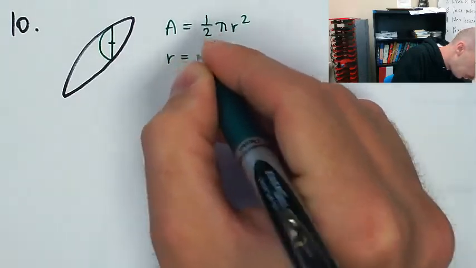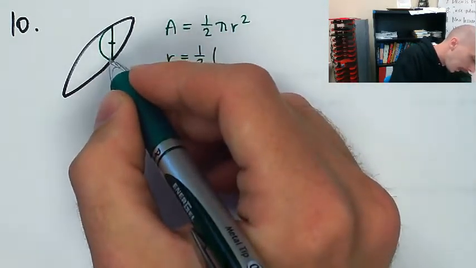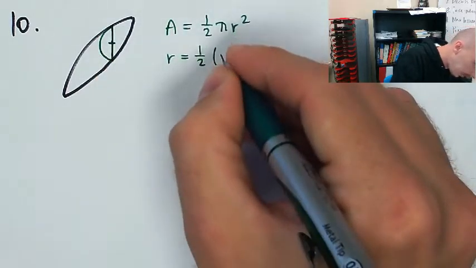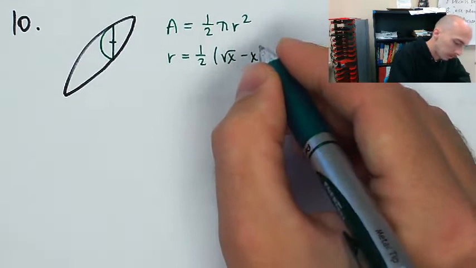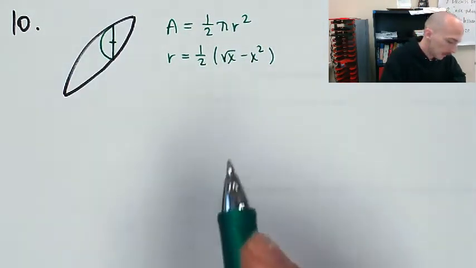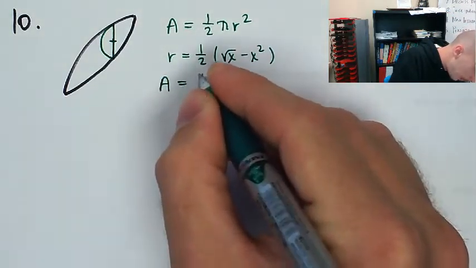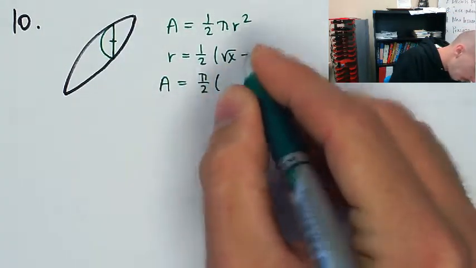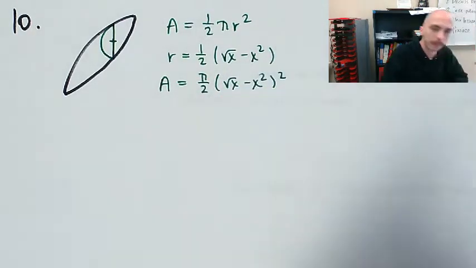So the radius is equal to half of top minus bottom. So half of y equals square root x minus y equals x squared. And so my area formula is equal to pi divided by 2 times radius squared.